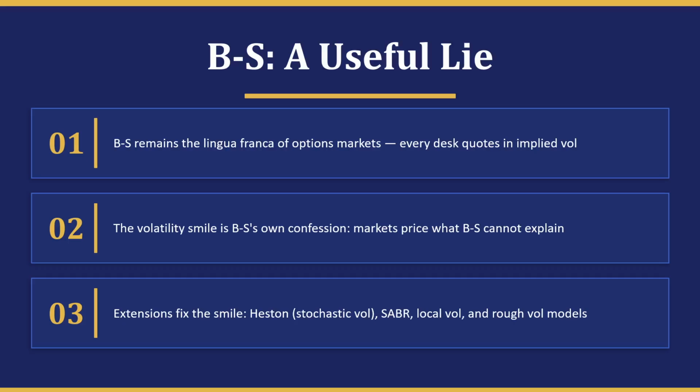The smile is Black-Scholes' own confession. If the model were true, implied volatility would be flat. It isn't. So the entire volatility surface exists precisely because markets know constant volatility is a fiction.